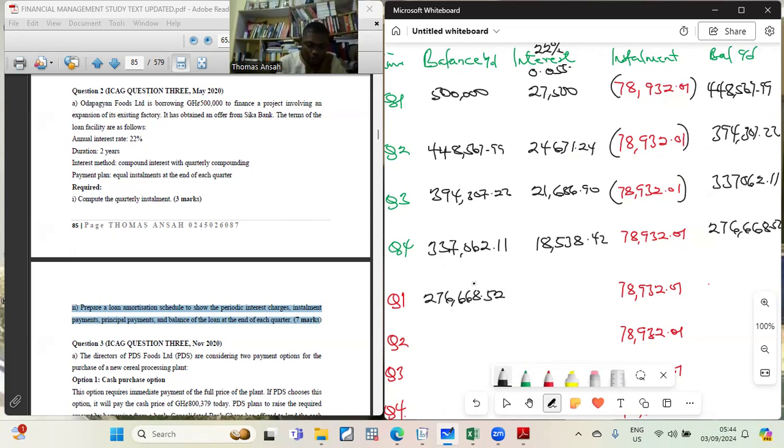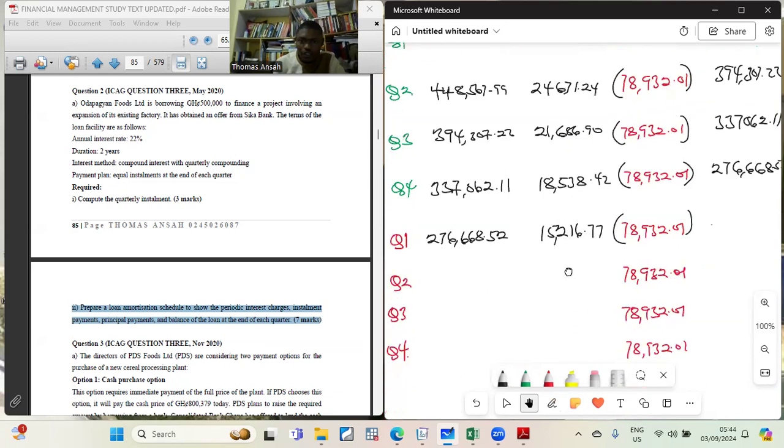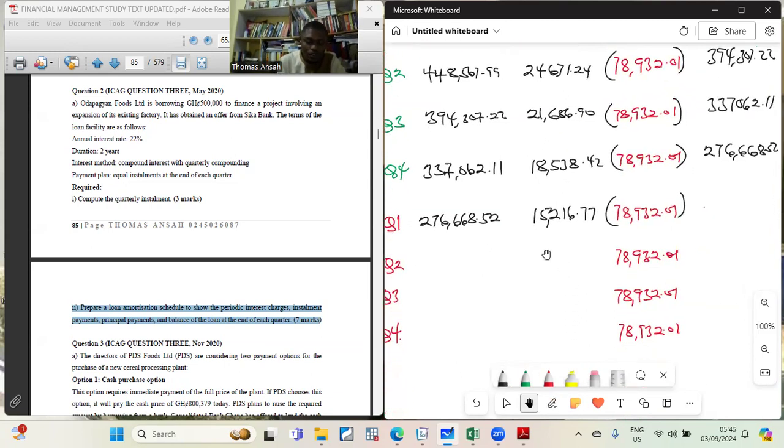276,668.52. I multiply by 0.055, and that gives me 15,216.77. So I take out my periodic payment, 78,932.01. The answer that I have, I just add plus 276,668.52.